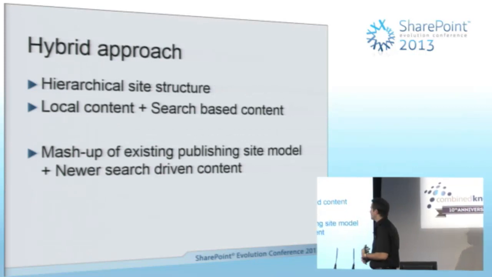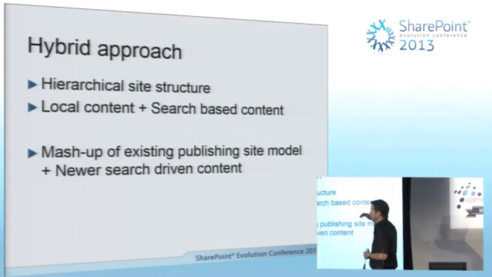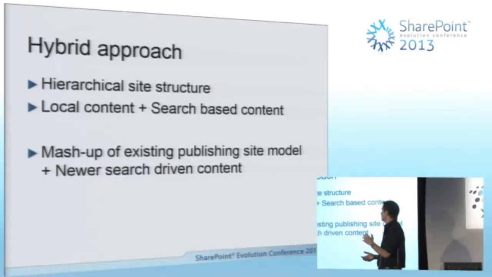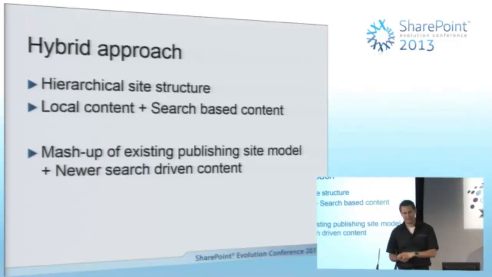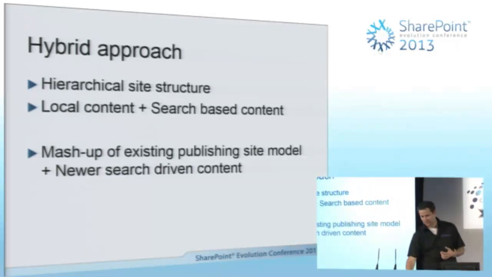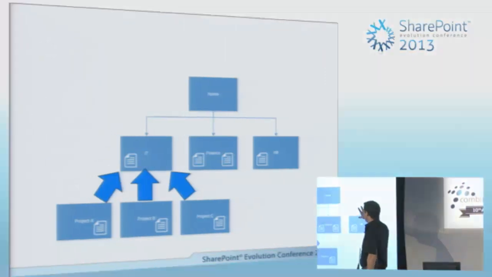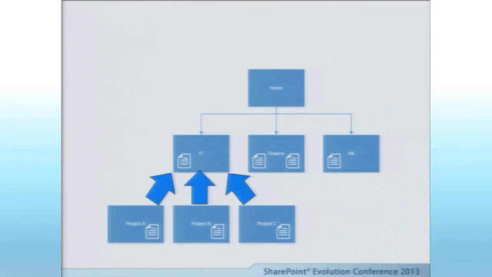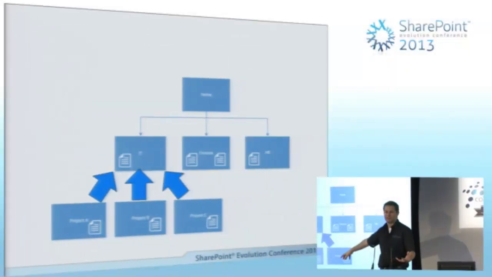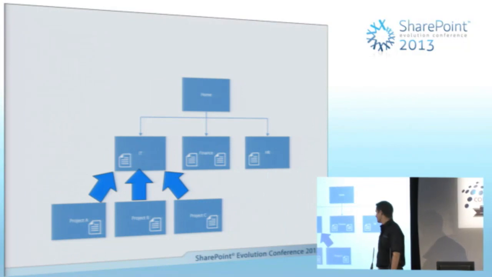If you think about it, the hierarchical option plus search gives you quite a powerful experience. What it really means is that you can drive a hierarchy-based intranet with content that you author and store in each of those subsites if you want, and augment it with different project sites or content from different site collections elsewhere in the organization.